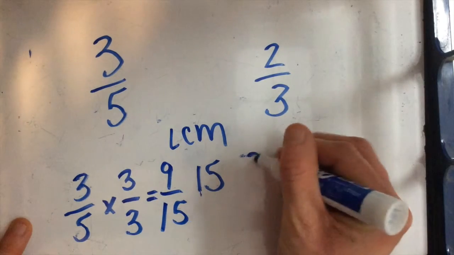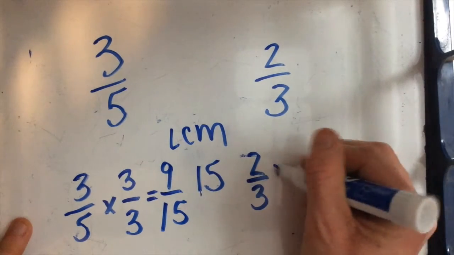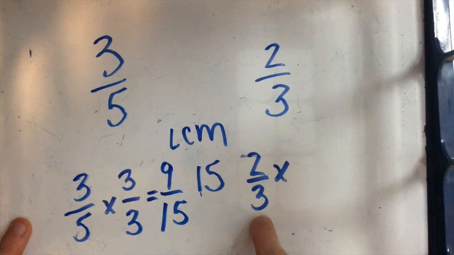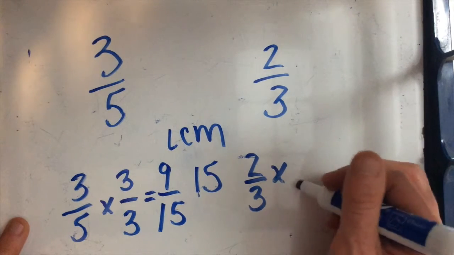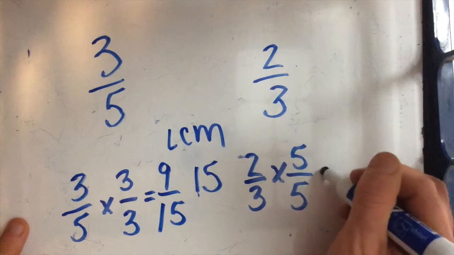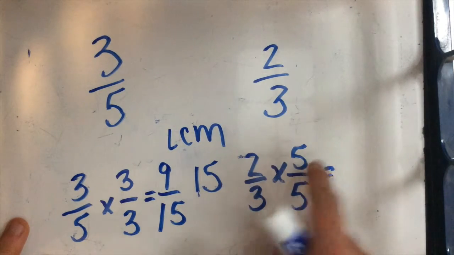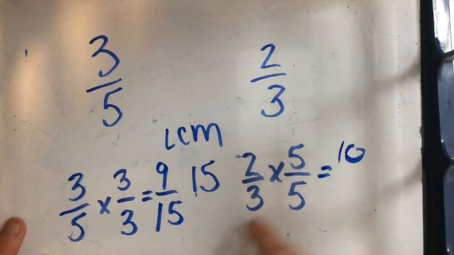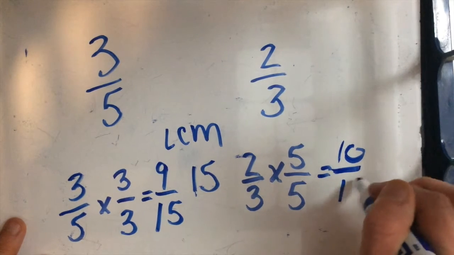Okay, so now 2/3. Now I have to think, how can I make my thirds into 15ths? Well, I have to multiply by 5. Okay, so I know 2 times 5 is 10. 3 times 5, of course, is 15.